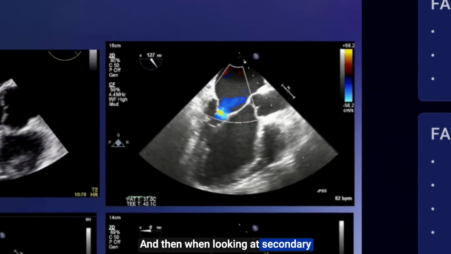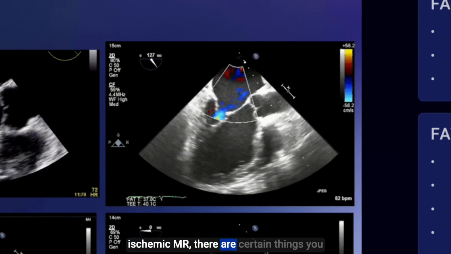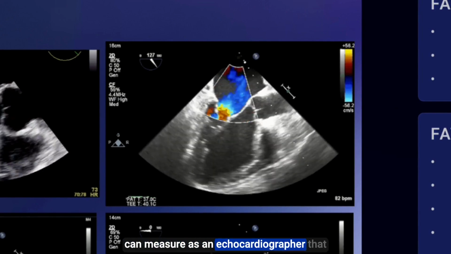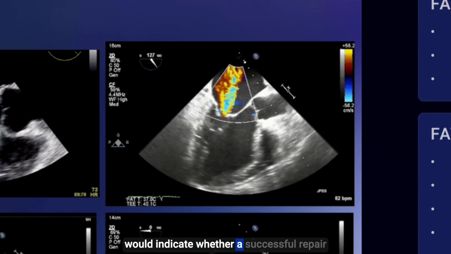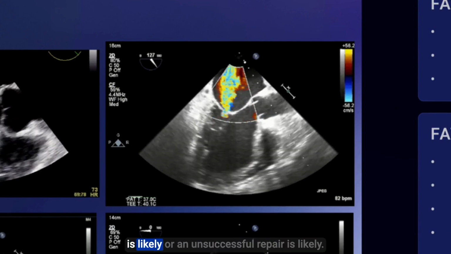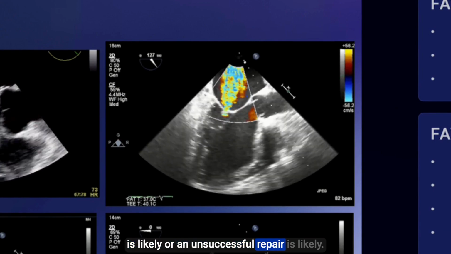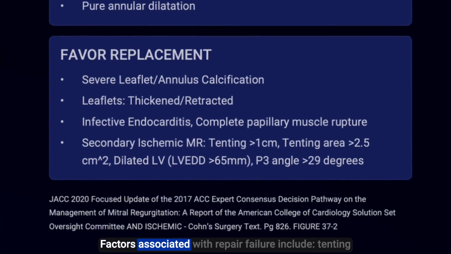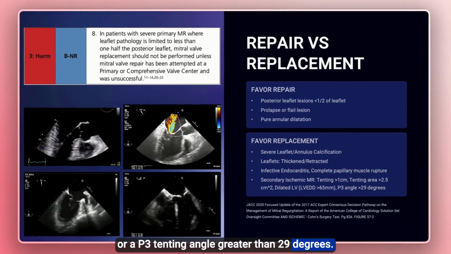And then when looking at secondary ischemic MR, there are certain things you can measure as an echocardiographer that would indicate whether a successful repair is likely or an unsuccessful repair is likely. Factors associated with repair failure include tenting of greater than 1 centimeter, tenting area greater than 2.5 centimeters, a very dilated LV with an LV end diastolic diameter greater than 65 millimeters, or a P3 tenting angle greater than 29 degrees.